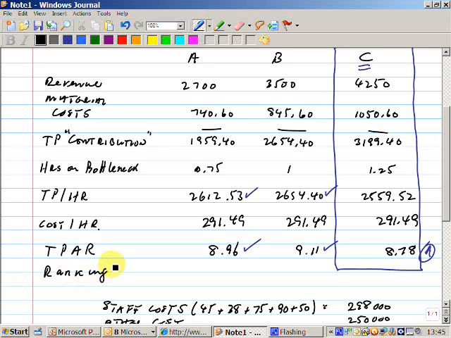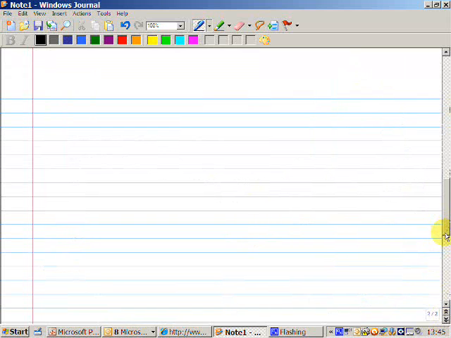So our ranking would be, the most profitable procedure is B, so that would be 1. The next most profitable procedure is A, 2, and the least profitable is 3, or C. So that's how we can use the throughput accounting ratio, the TPAR. And so we use that information to do part B of the question.